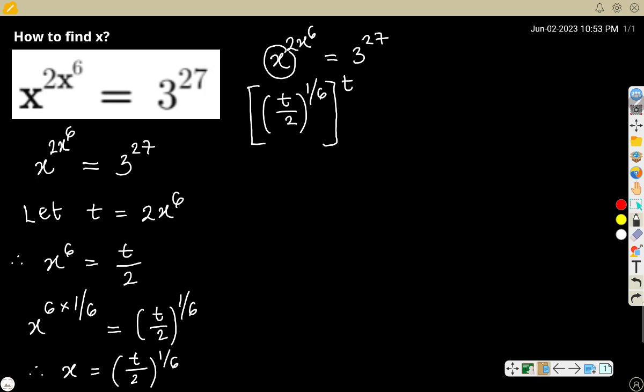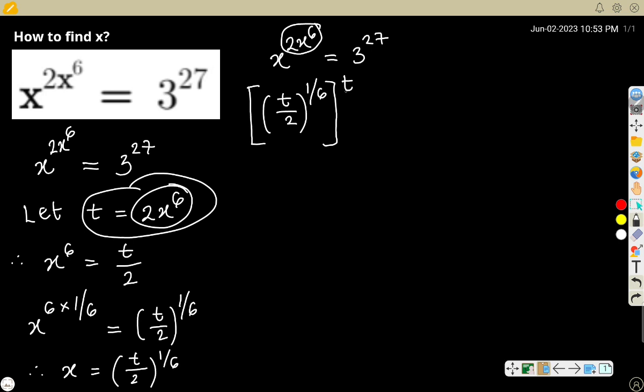So this s is the one that we have as t over 2 raised to power 1 over 6. Then everything is raised to power 2s raised to power 6, and here we select t to be 2s raised to power 6. So that 2s raised to power 6 is this t, and this s is all this expression here. So that is just the substitution.